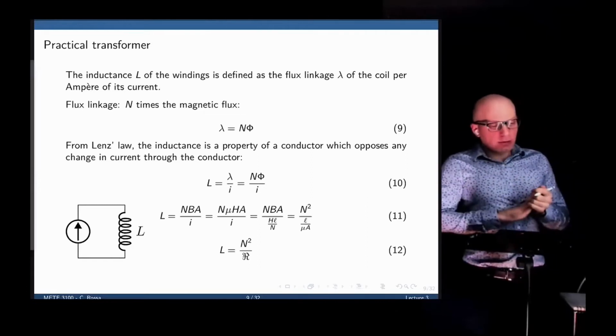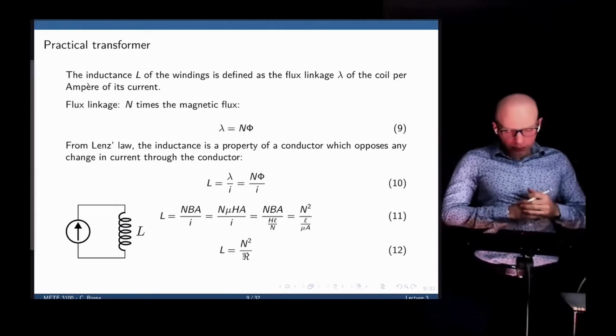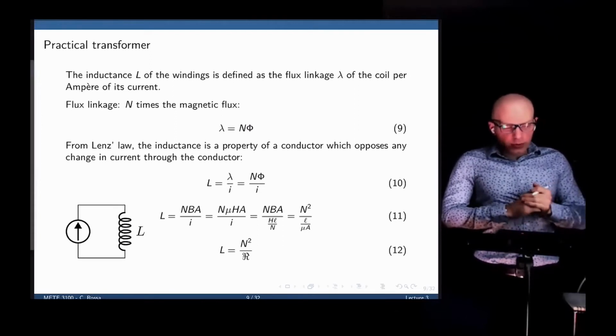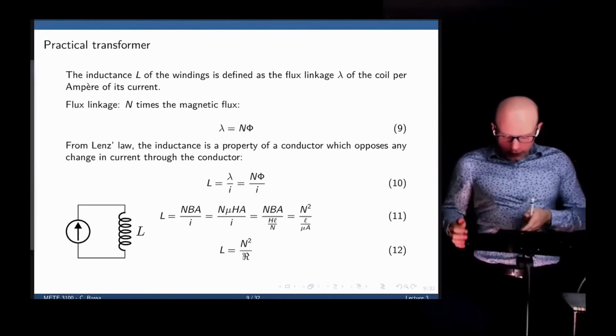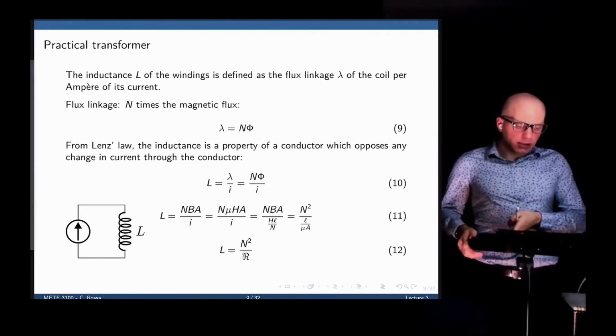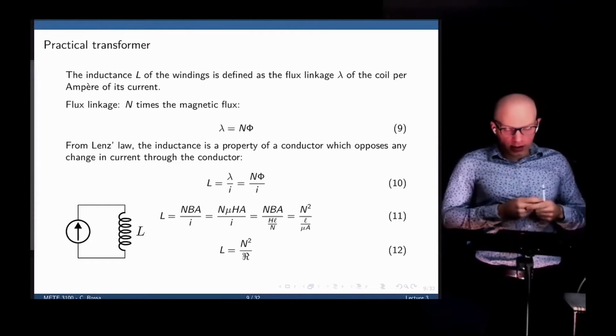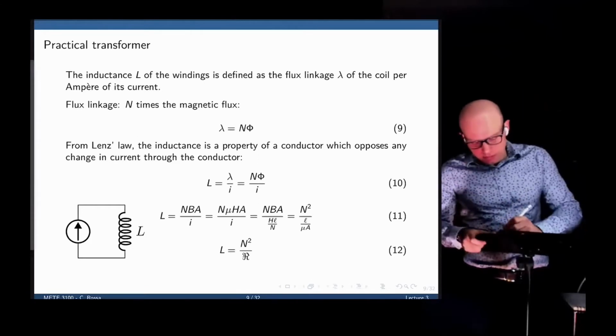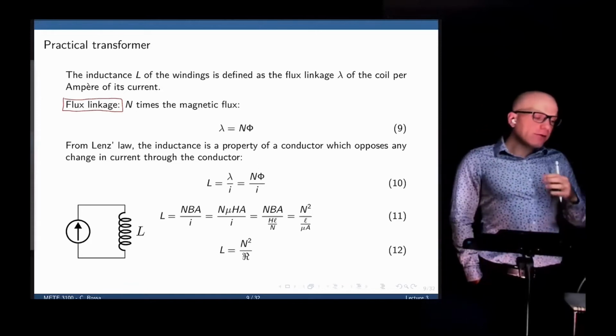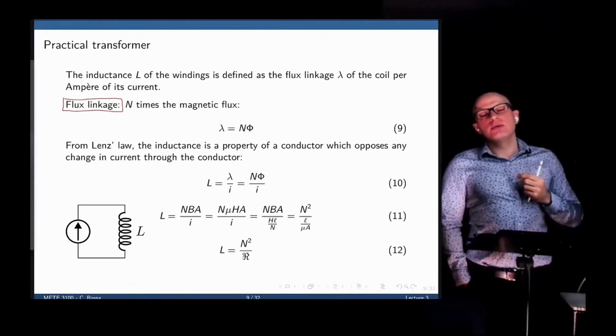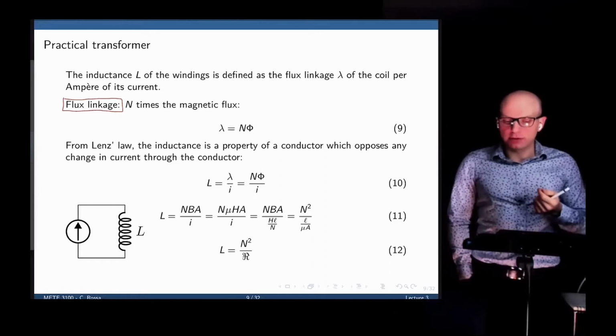To do that, we need to define what an inductance is. And we can relate the inductance with another quantity that is very common in electrical circuits, in magnetic circuits, which is the magnetic flux linkage. I have no good physical interpretation for the magnetic flux linkage.